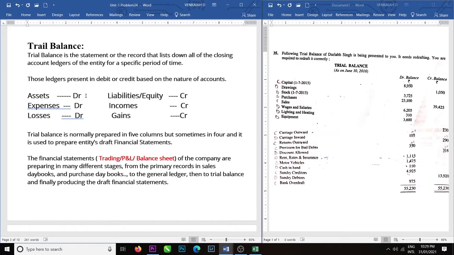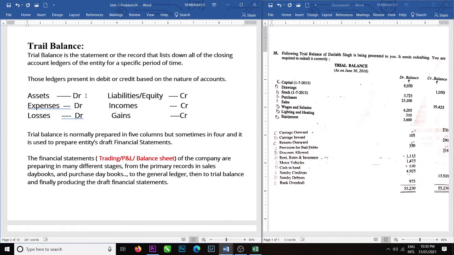Trial balance is normally prepared with five columns, four columns, and three columns also. The financial statements of a company are prepared in many different stages, from the primary records in sales day books, purchase day books, journal, ledger, then to trial balance. Okay, we already studied that one. First is the transaction. Those were written in the day book, later sales book, purchase book, subsidiary books.